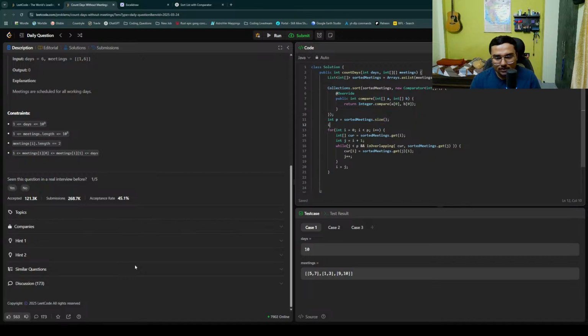So we should probably do a while loop here just to not mess up anything. While i is less than p, that's it. And then what do we do? Days, let's take a count.